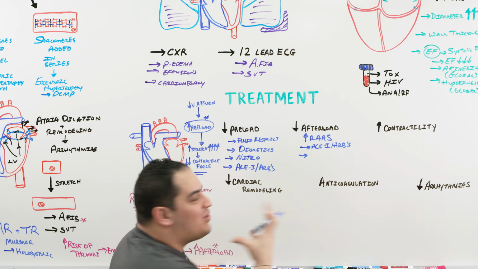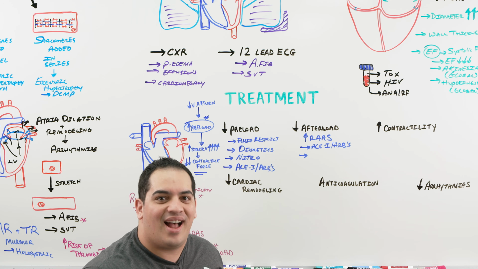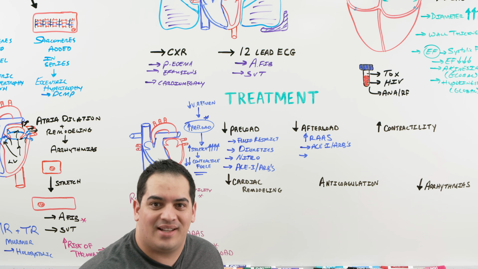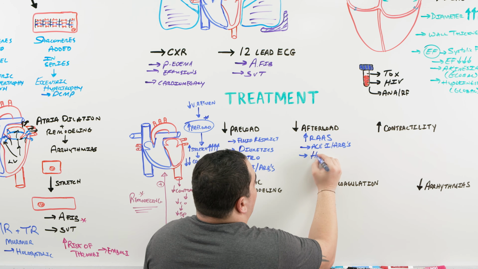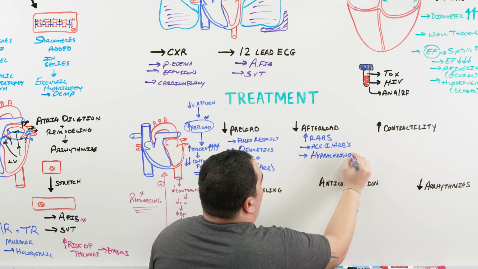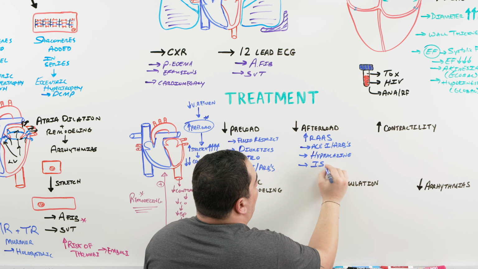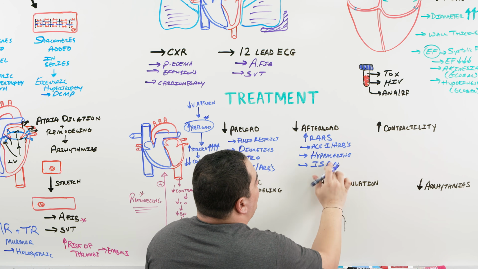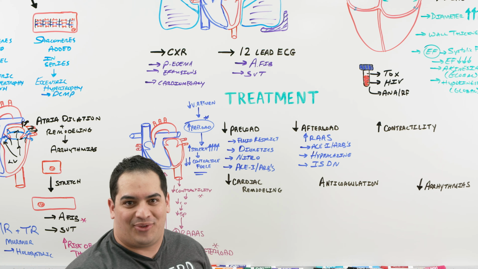What else can vasodilate vessels, the arterial side? You know, there's a drug called hydralazine, and isosorbide dinitrate is another one. These are drugs that we can give to vasodilate the arteries and reduce the afterload.